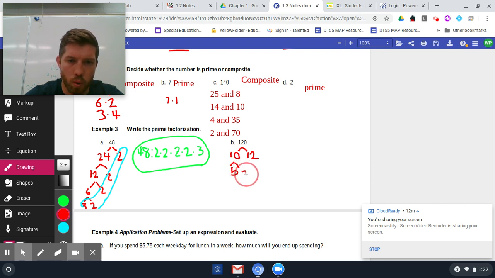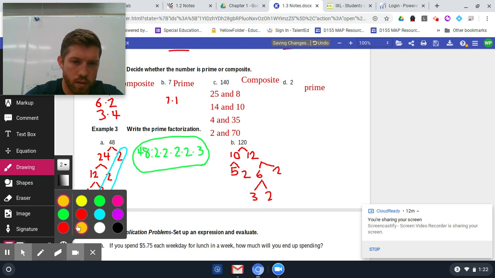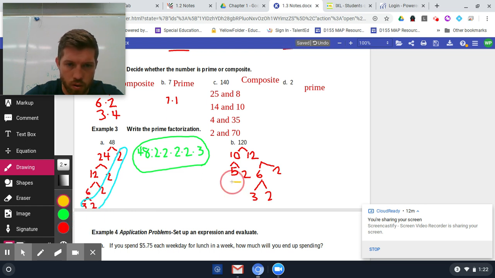Now those are both prime, so that side's done, but I can still break down my 12 to 6 and 2, and 3 and 2. Okay. Now this one's a little sloppier, so I'm going to go ahead and circle all my bottom numbers. So it's these two, and there's all my bottom numbers.